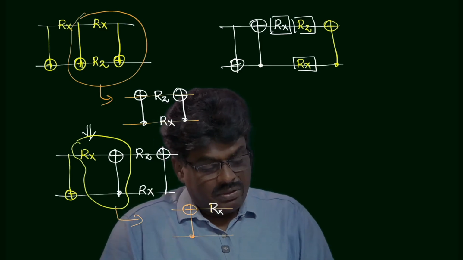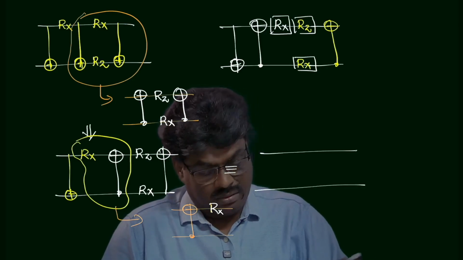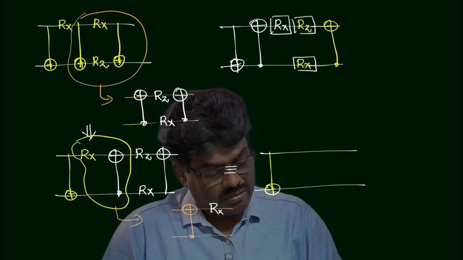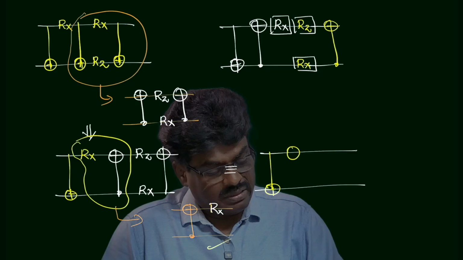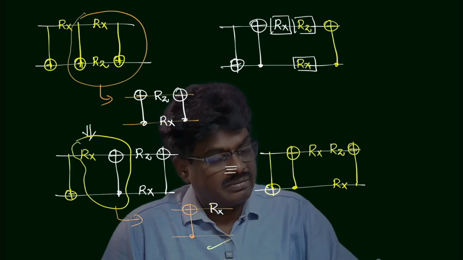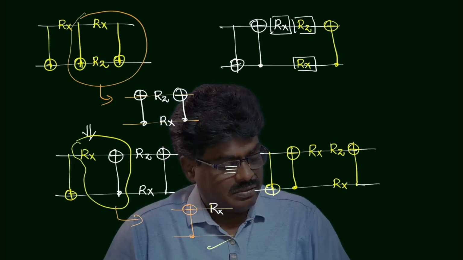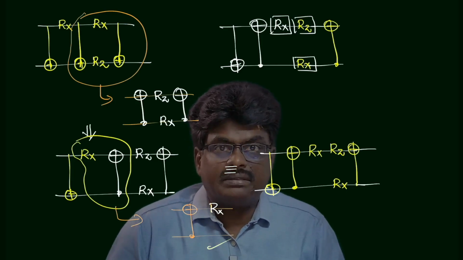So finally this becomes CNOT, and I'm applying this one. So this is a reverse CNOT, and Rx here, Rz here, and Rx as usual here, and reverse CNOT. I hope you understand how I have applied this method.